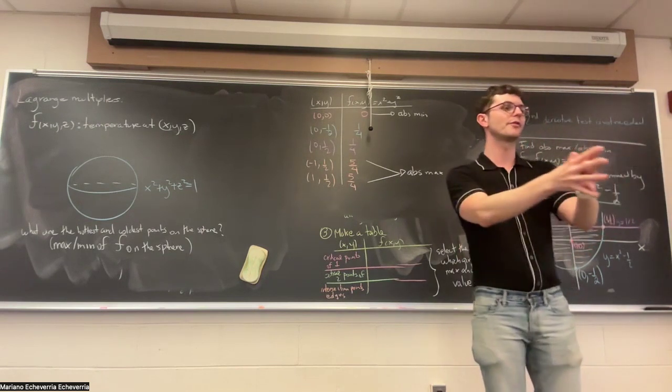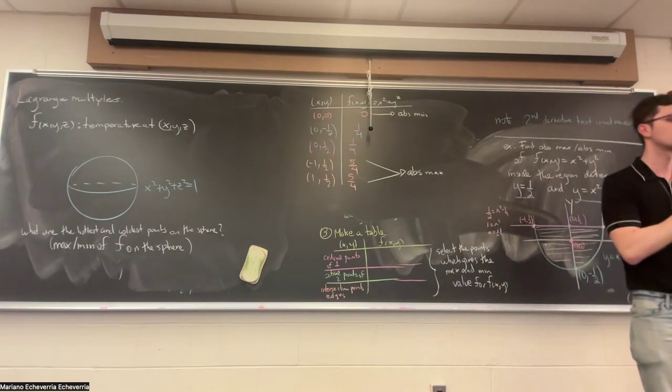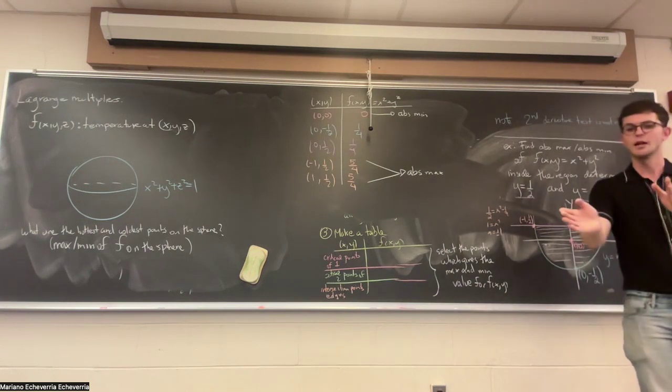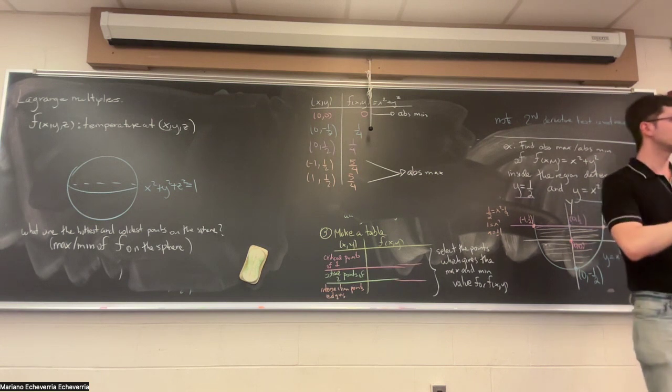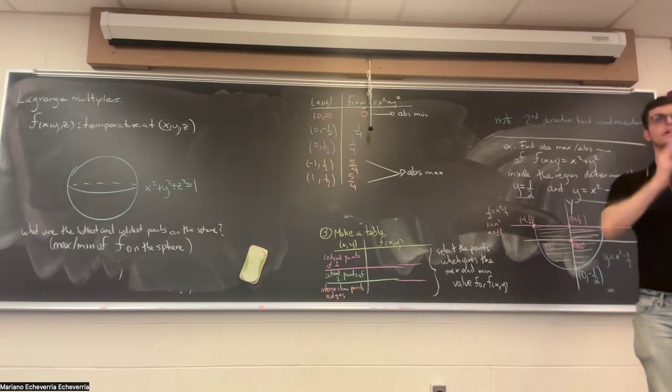If you want to find the maximum value of a function and I am located at a random spot, what I should do is find the gradient of the function at this point where I'm standing, and then just move in the direction of the gradient.